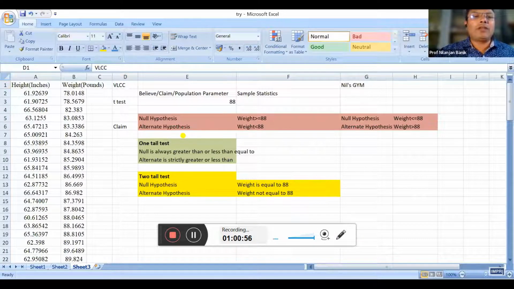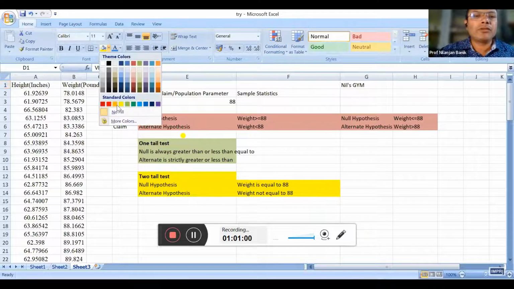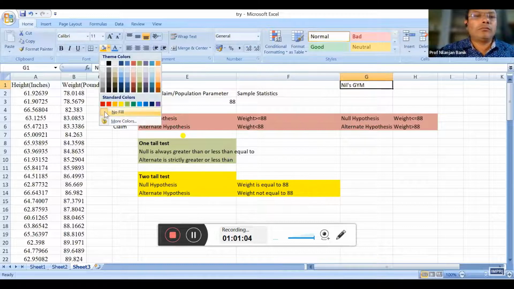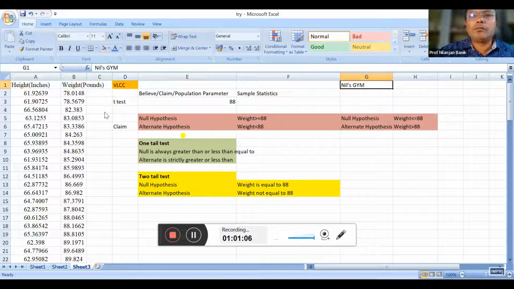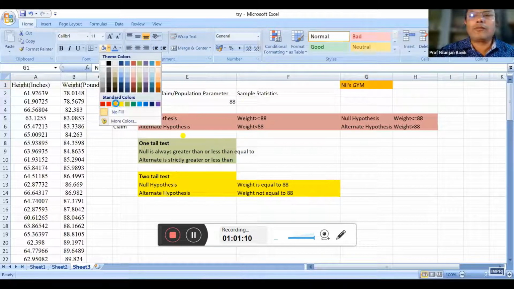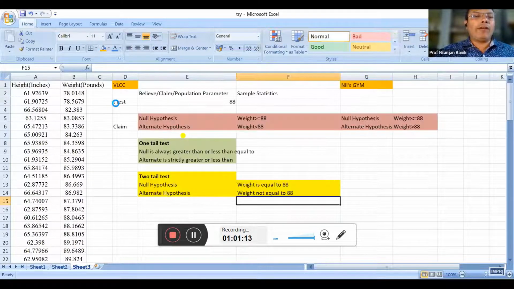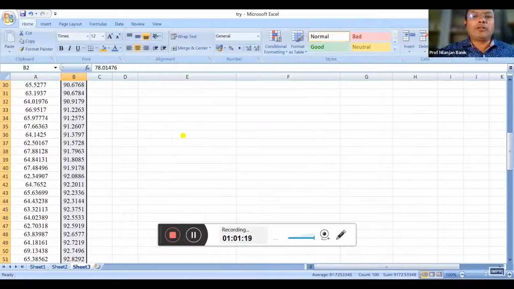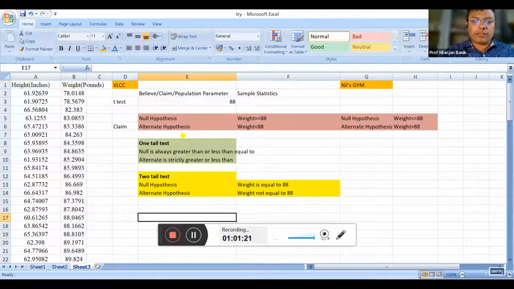So basically now let's try to see that I have this two party, and so I have collected the sample. This is the sample. So this is my sample. And now let me also write the test statistics.